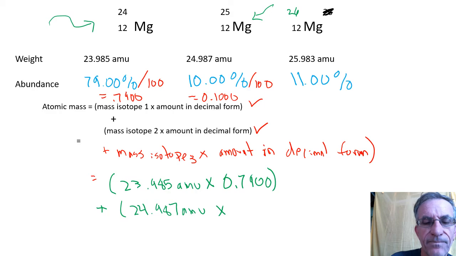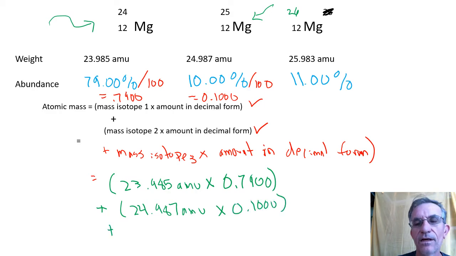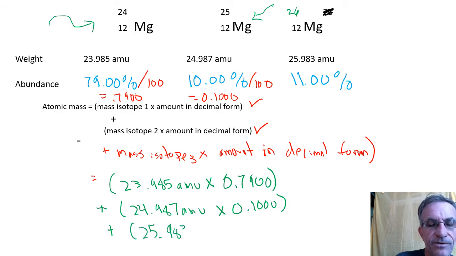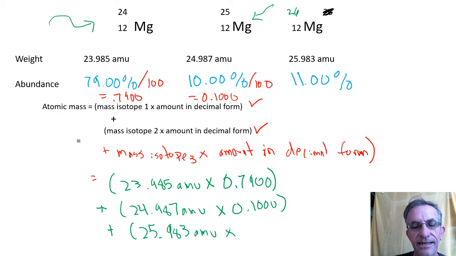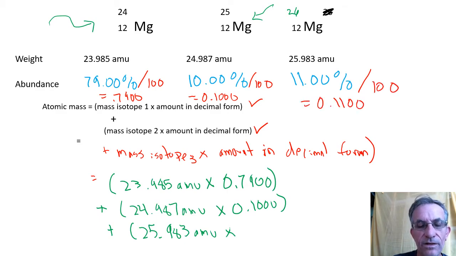So it's going to be times 0.1. And then we're going to do that the third time. The weight of the third isotope, a little over 25.983 AMU, times its amount as a decimal number. Not 11%. Should be 0.11. And if you work it out, yeah, that should go here.